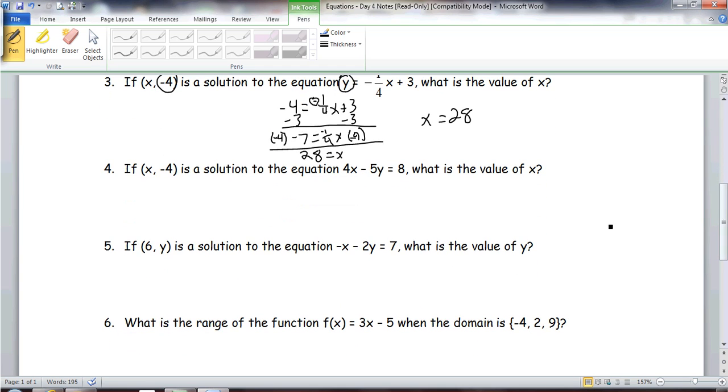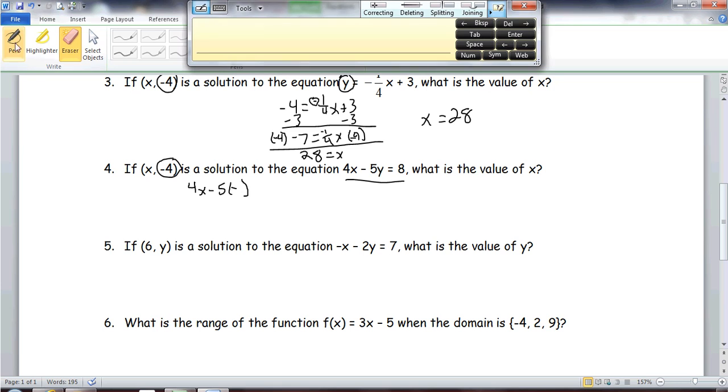Number 4. Again, I'm given a y value of negative 4. My equation looks a little different. We're still going to write it exactly as it's written, except we're going to put in the negative 4 like that. Just for clarity's sake, let me make sure that this looks exactly like a negative 4.